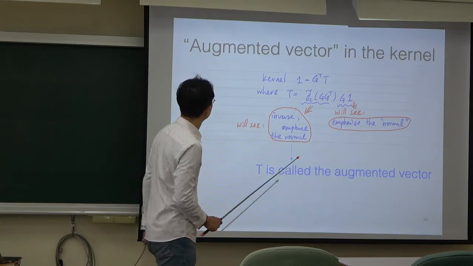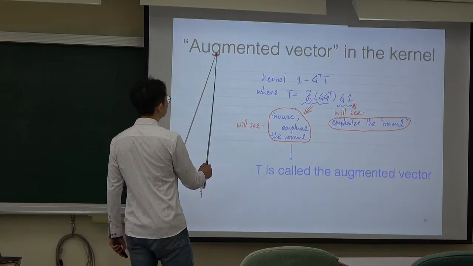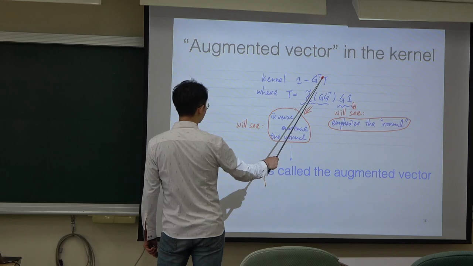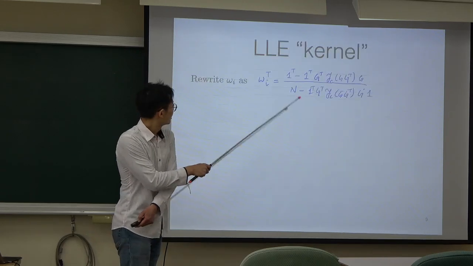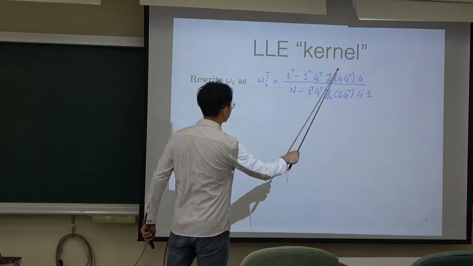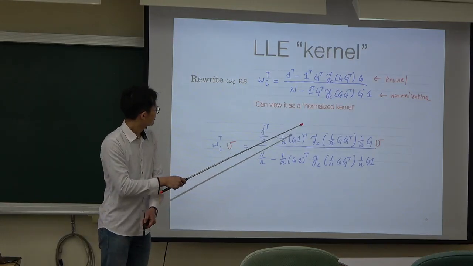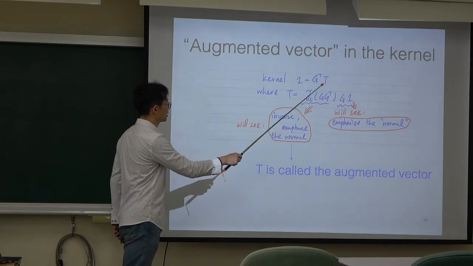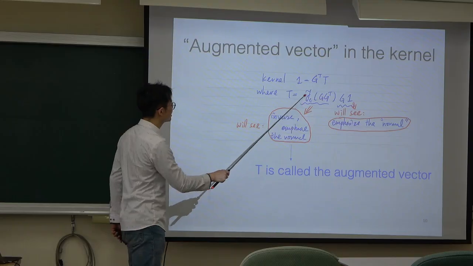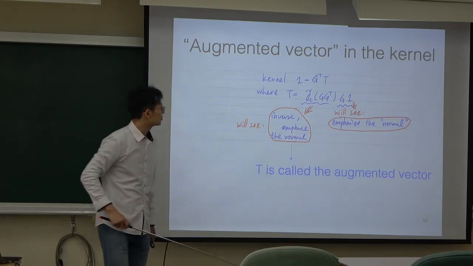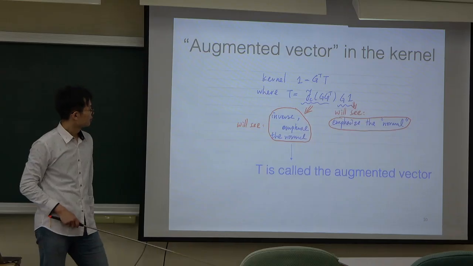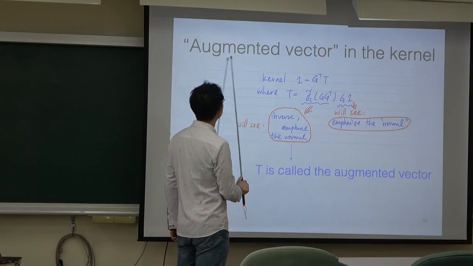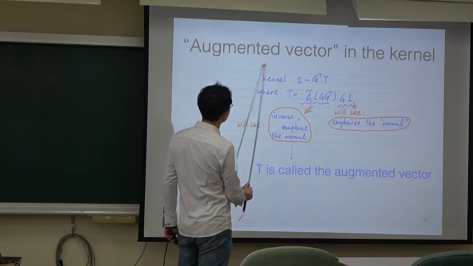So in the end, we call this guy the kernel, G transpose. And remember what is a kernel? It is G transpose, right? And you have this guy. And what we say is, let's call it 1 minus G transpose T. This T is this guy. We call this guy the augmented vector, because it will help you see how you augment the local information.